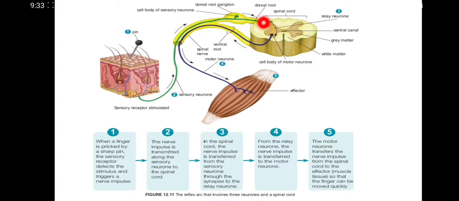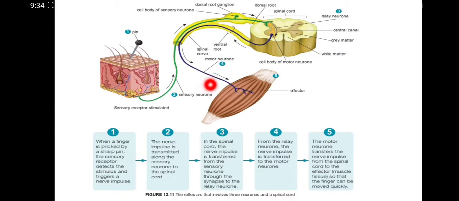In the spinal cord, the nerve impulse is transferred from the sensory neuron across the synapse to the relay neuron, yang warna orange ini. From the relay neuron, the nerve impulse is transferred to the motor neuron, yang warna purple ini.